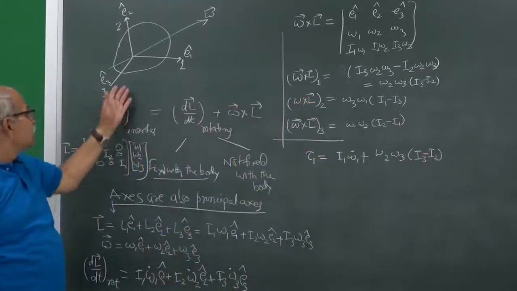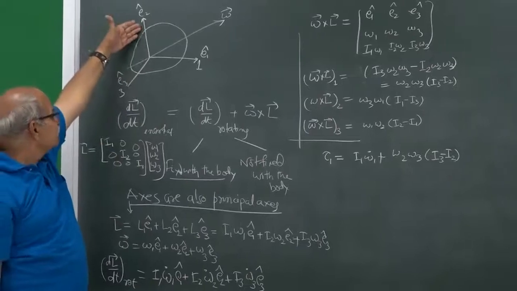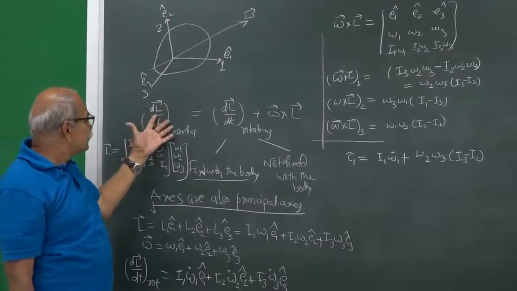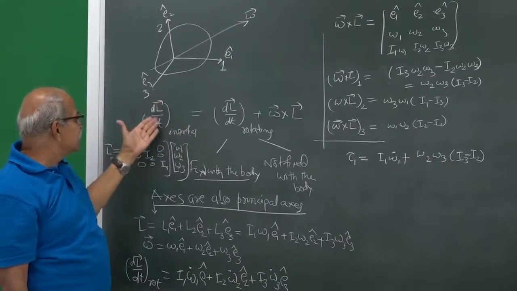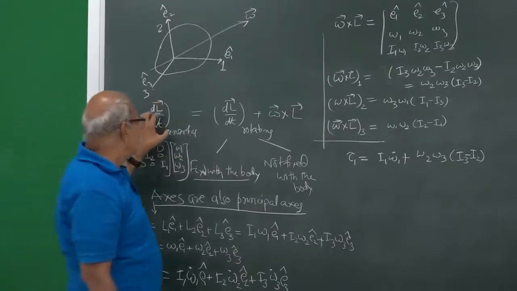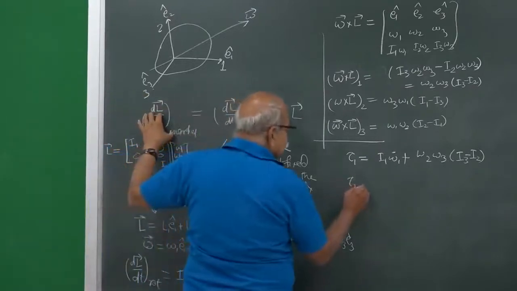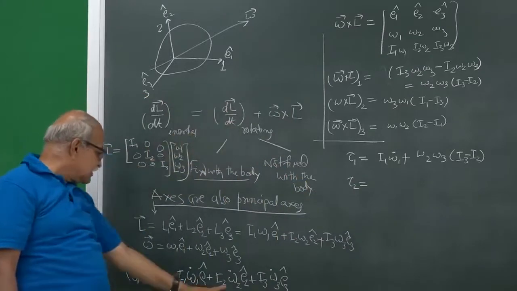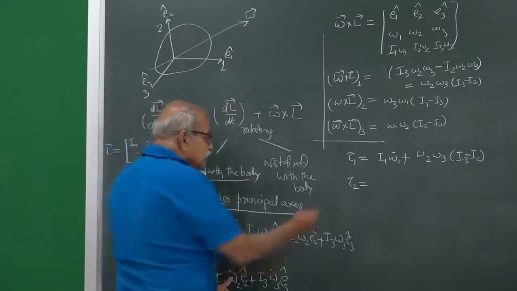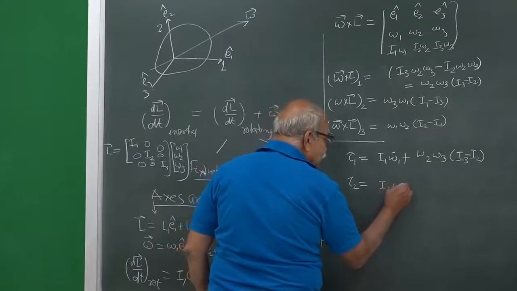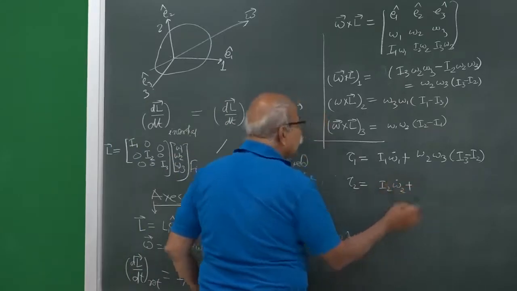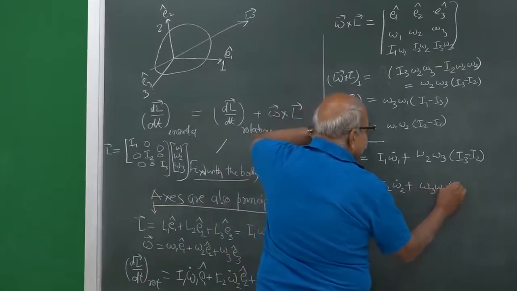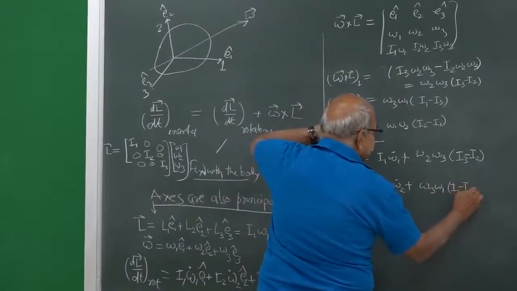Then the two component along this direction, this principal axis. So, that component will be here, it will be tau 2. In the inertial frame of reference, dL/dt is the torque. So, tau 2 is equal to, and then the two component of this is here, I2 omega 2 dot, and then the two component of this is here, omega 3 omega 1 and I1 minus I3.